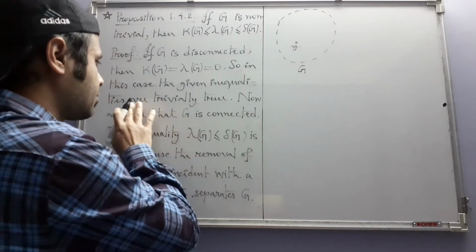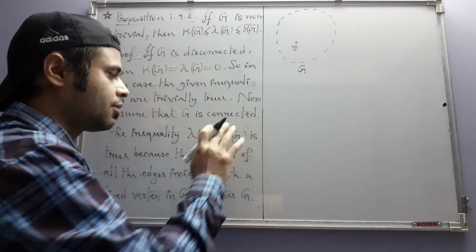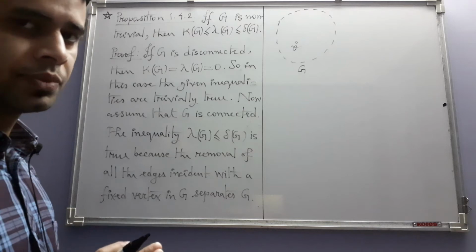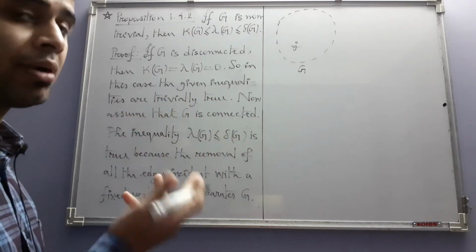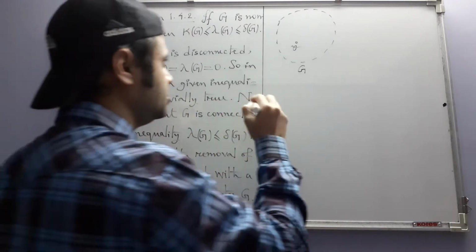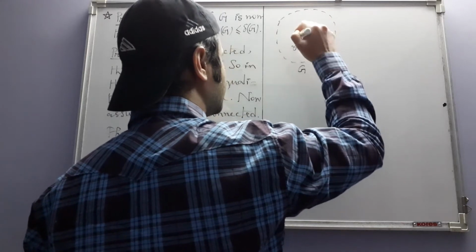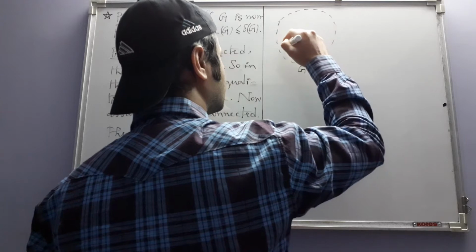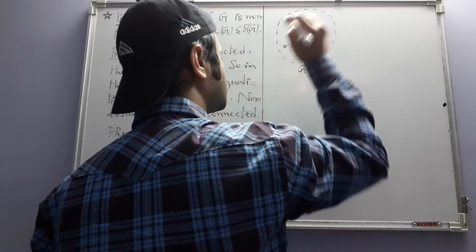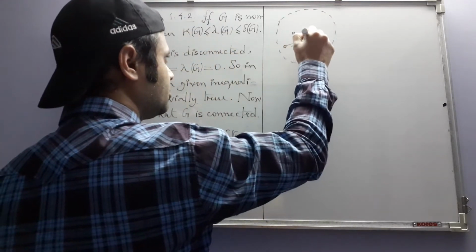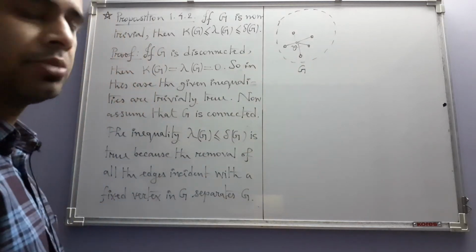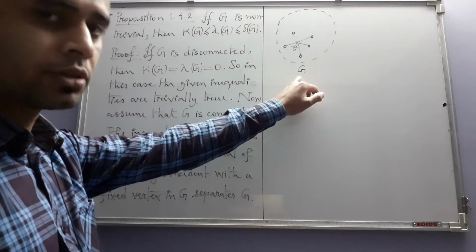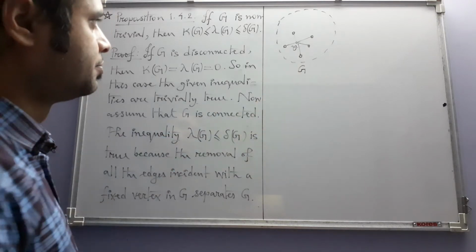And because according to our assumption G is now connected, those two vertices will have a path between them in G. So in any case there will be some neighbors of this V. At least one neighbor must be there because of G being non-trivial and connected.